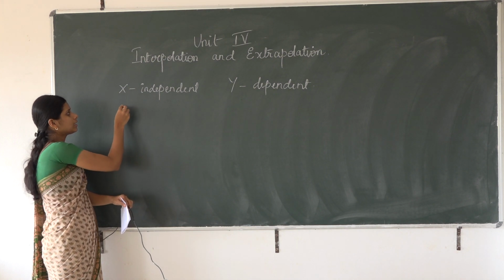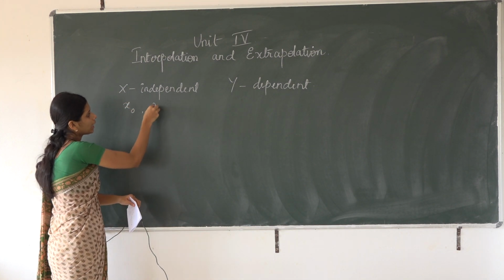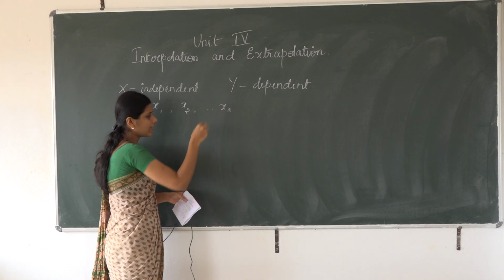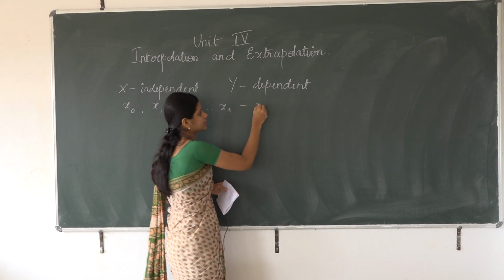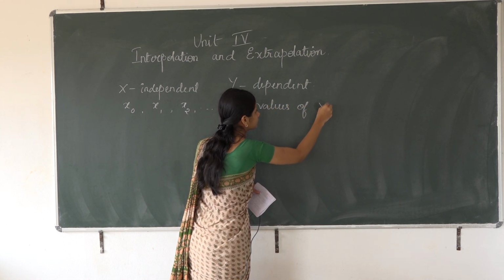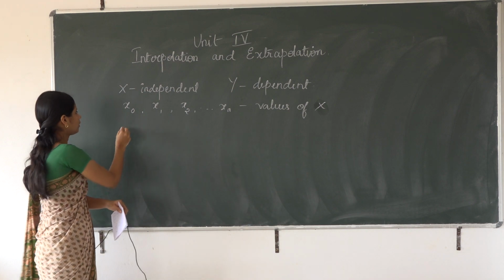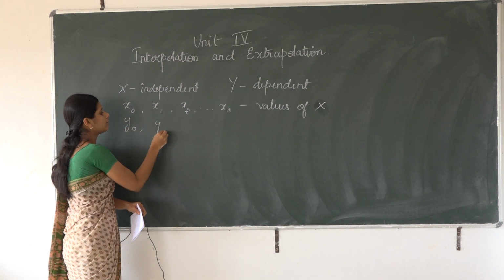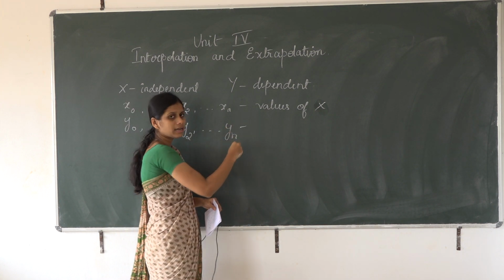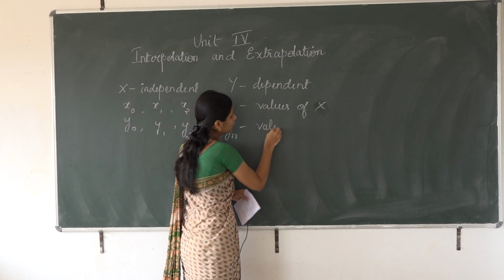Let us consider x0, x1, x2 up to xn as the values of x, whereas y0, y1, y2 up to yn are the corresponding values of y.